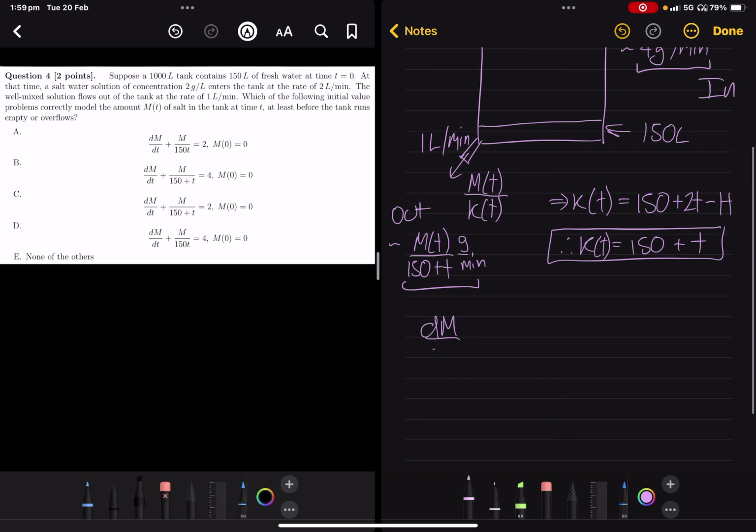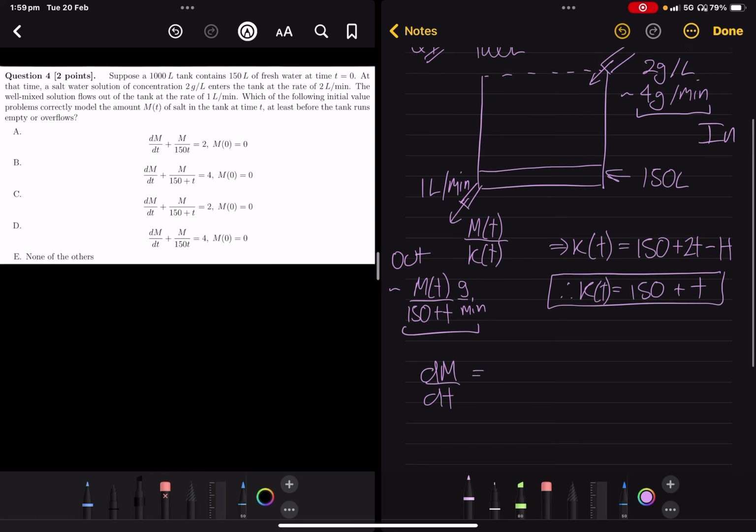dM/dt, the rate of change, is going to be the difference between the inflow and the outflow. So this will be the amount coming in minus the amount going out. The amount coming in is 4. The amount going out is M(t) on 150 plus t.